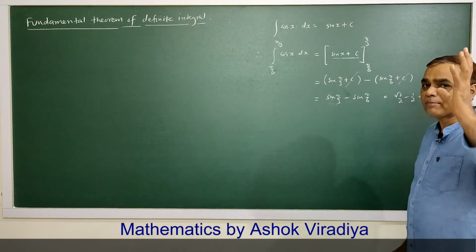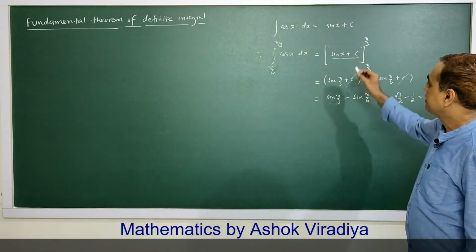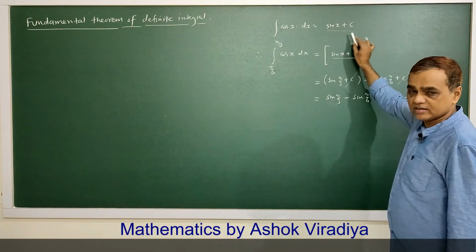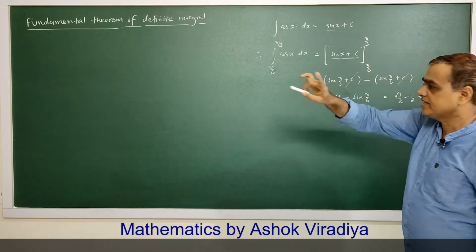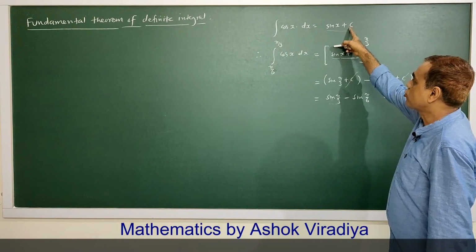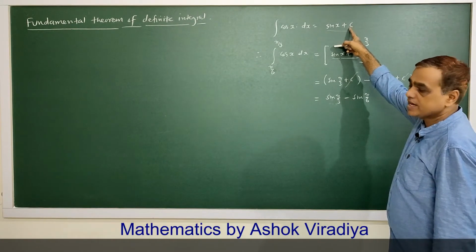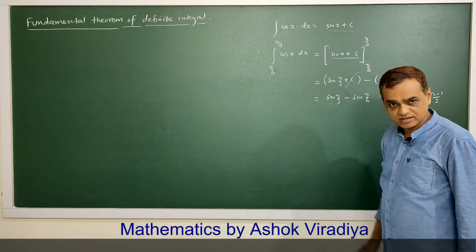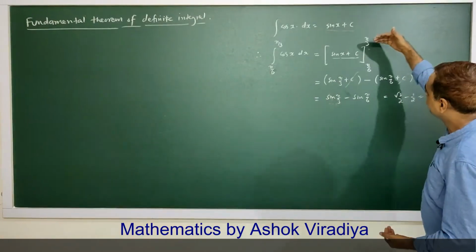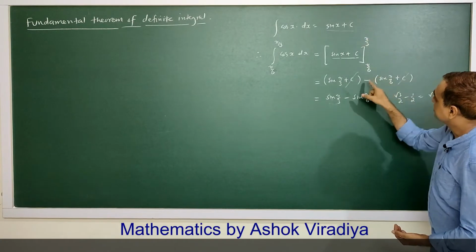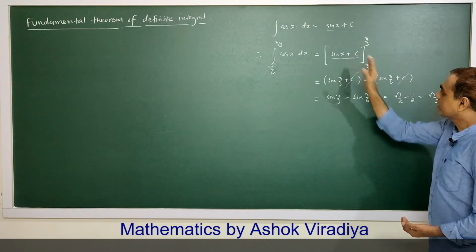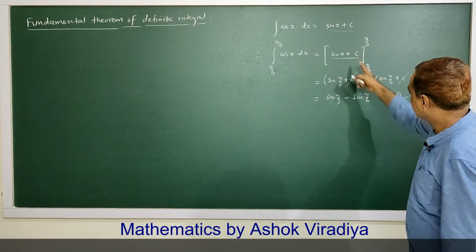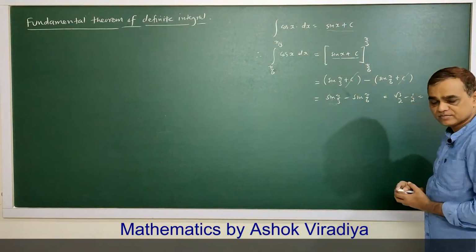Now see what is happening here. Whenever we find an indefinite integral it contains an arbitrary constant, and if you include the arbitrary constant in finding a definite integral, after substituting the upper limit and then minus the lower limit, every time the arbitrary constant will be cancelled.